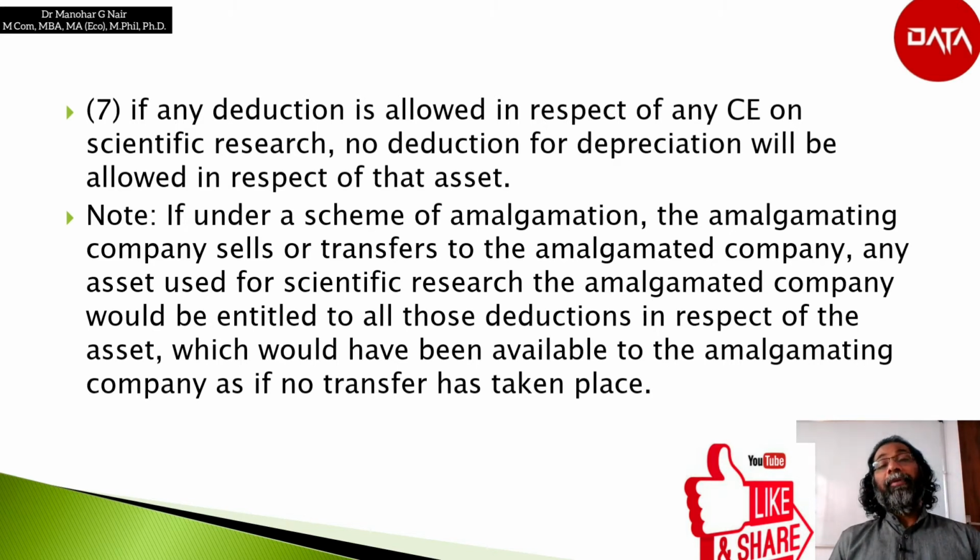Under a scheme of amalgamation, the amalgamating company sells or transfers to the amalgamated company any asset used for scientific research. The amalgamated company would be entitled to all those deductions in respect of the asset which would have been available to the amalgamating company as if no transfer had taken place.